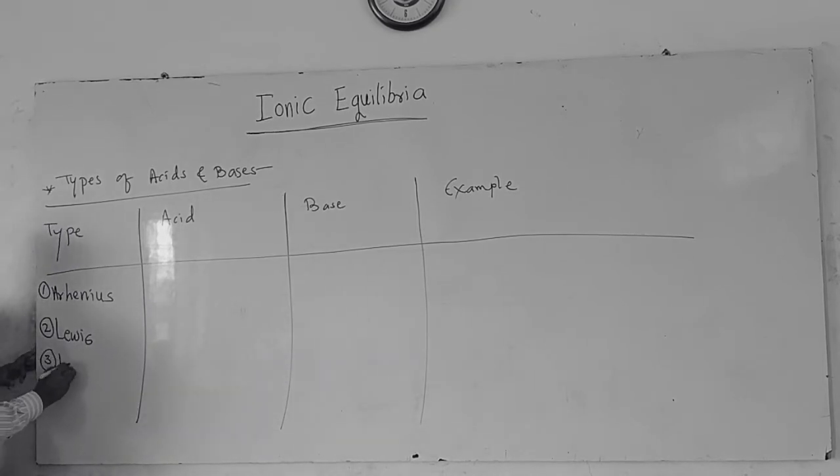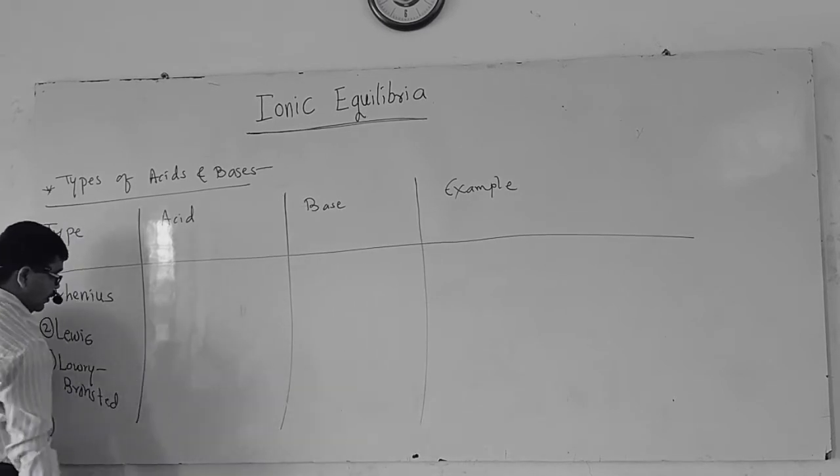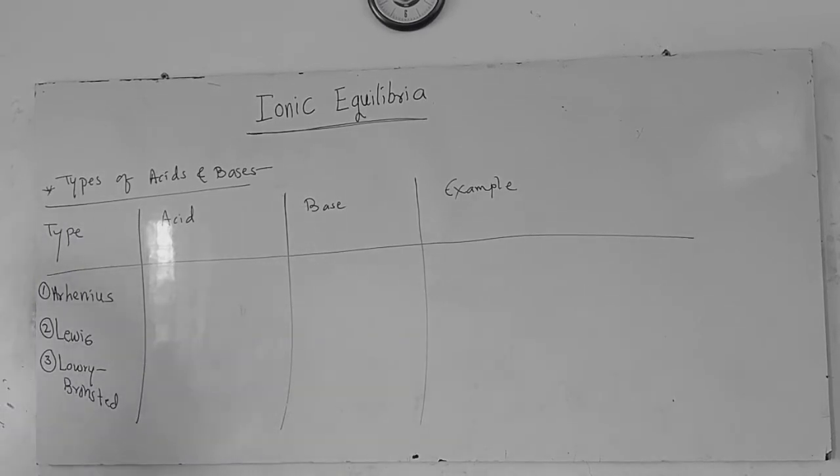And third, Lowry Bronsted acid and Lowry Bronsted base. In this chapter mainly we are going to deal with Lowry Bronsted acid and Lowry Bronsted base. This chapter is mainly based on them, so this is more important. Now, still we will discuss these two types.